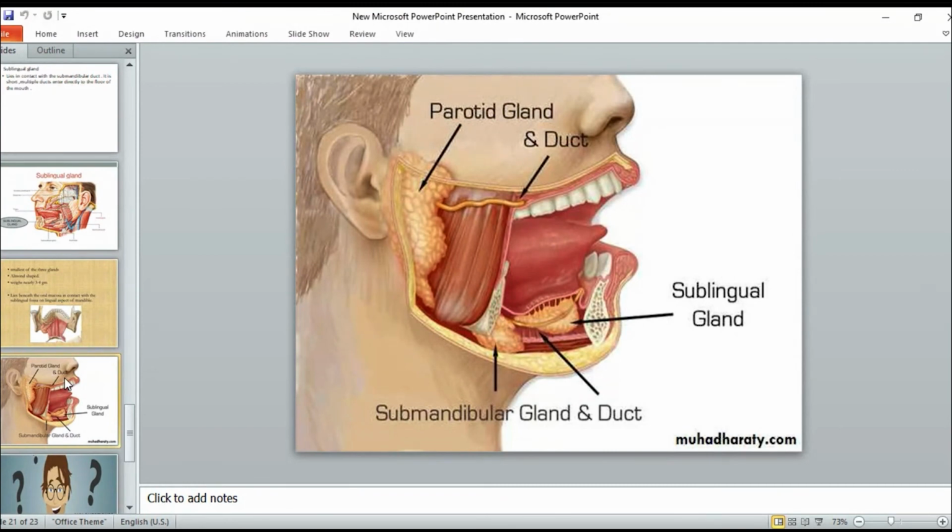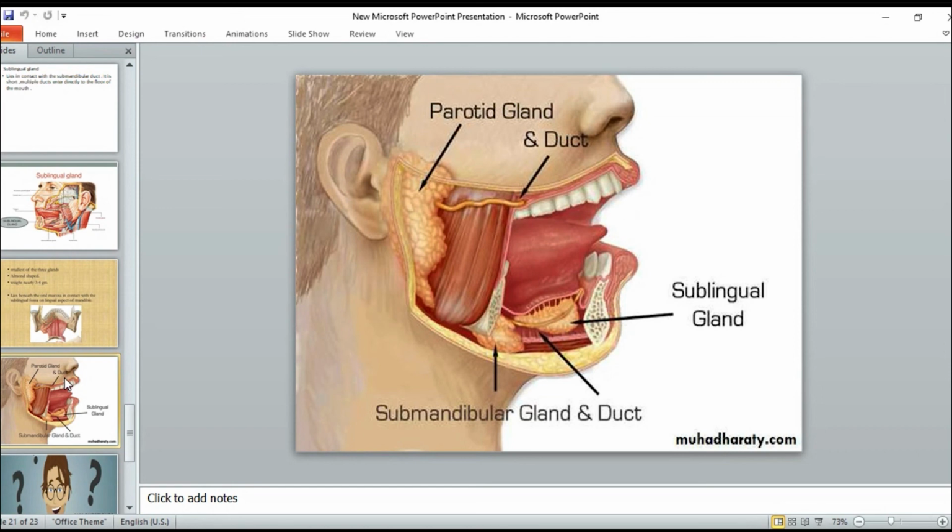We have a lot of ducts that open beneath the tongue, unlike the parotid and submandibular glands.